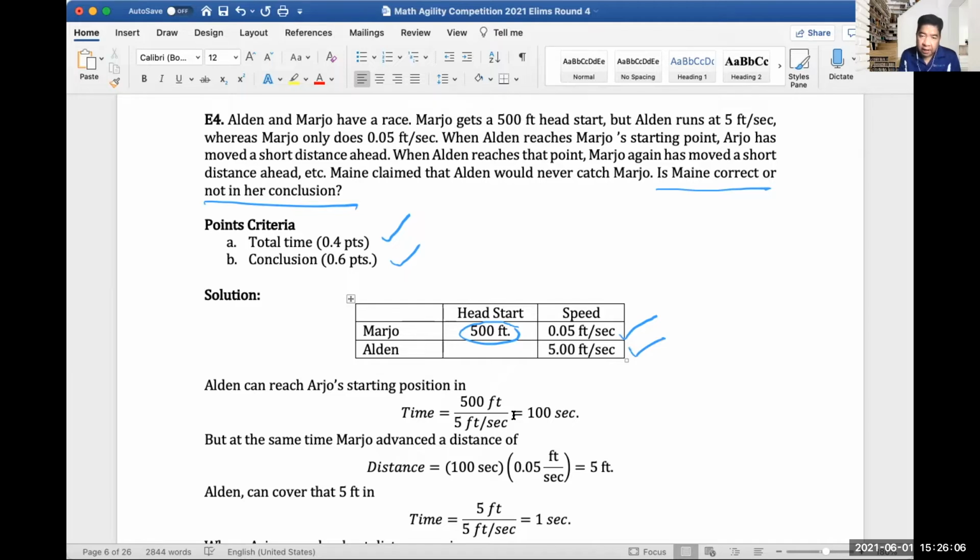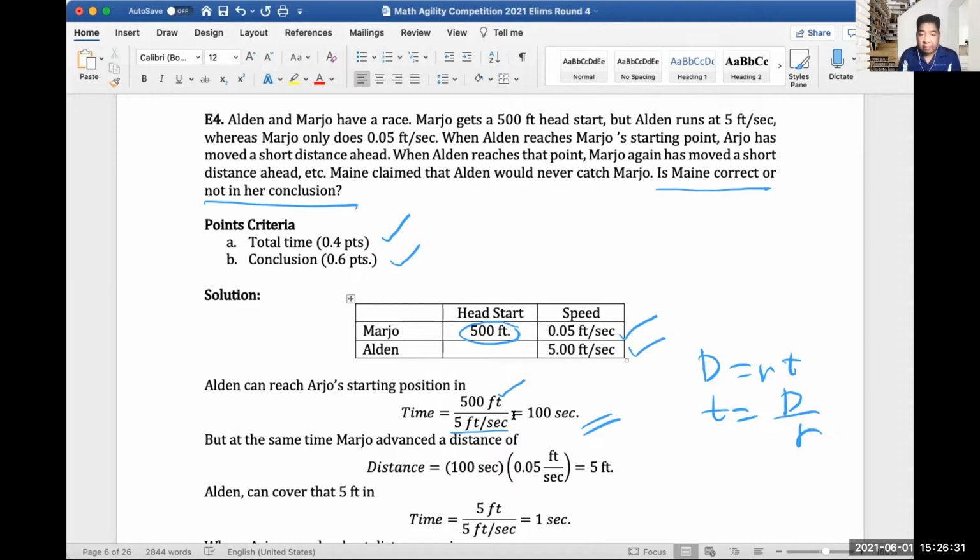We know that D equals RT, so T is D over R. Our D is 500 feet, and Alden's speed is 5 feet per second. So we have 100 seconds needed to reach that point.